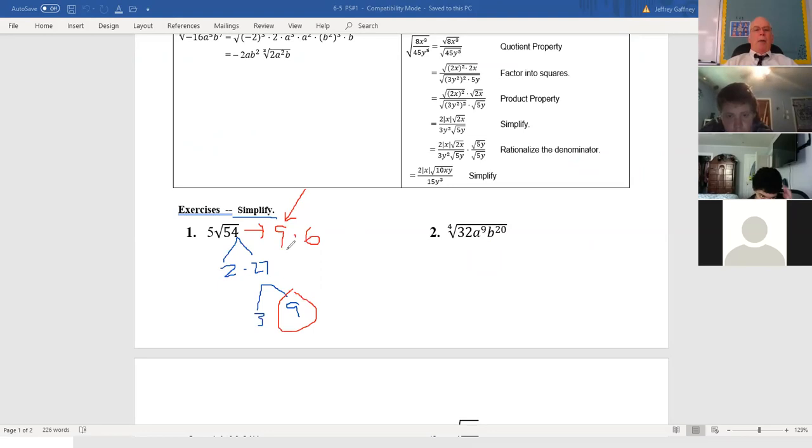So that 9 comes out from under the radical as what? As a 3. If that comes out as 3, 3 times 5 is 15, and we still have 6 under the radical. I can't simplify any further. So that would be the answer you would hopefully get to, 15 radical 6. Does that make sense?